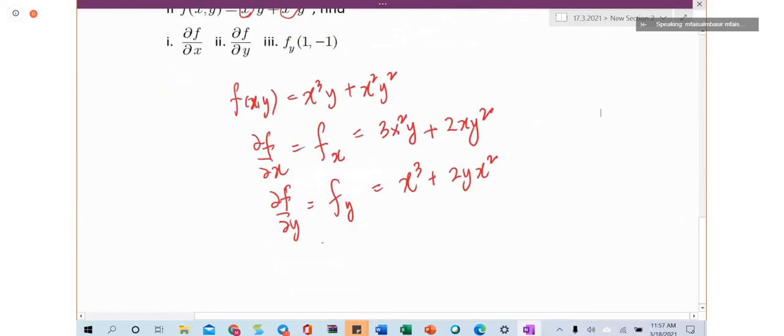Then they ask you for f_y at this point. Always differentiate first and then substitute the value, which means your x is 1.